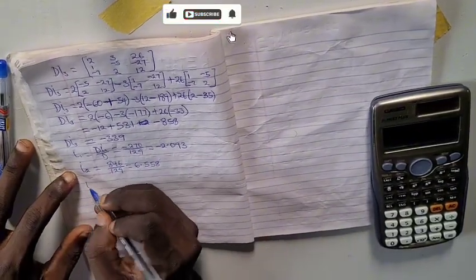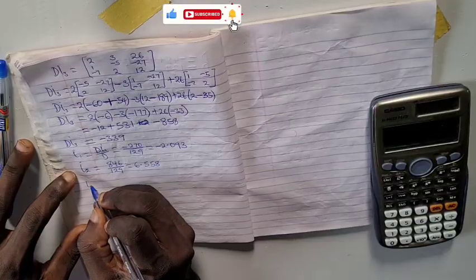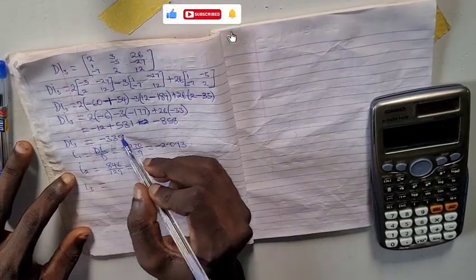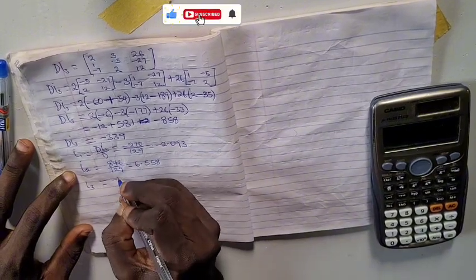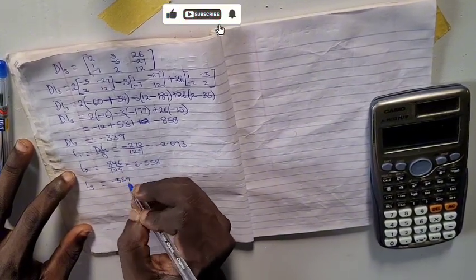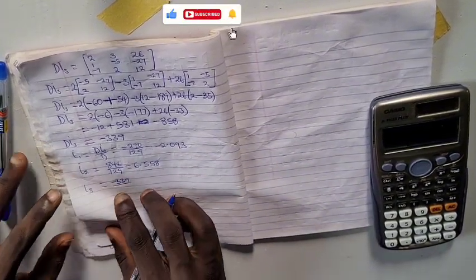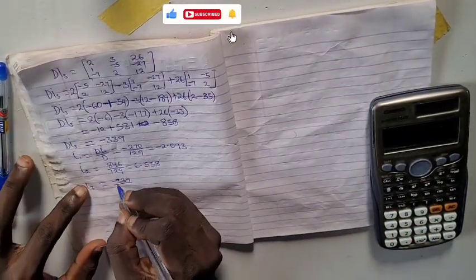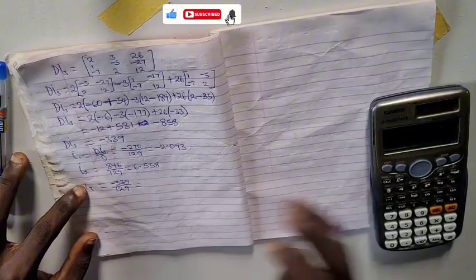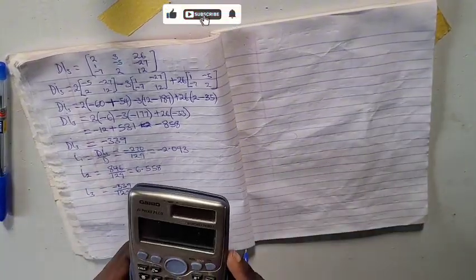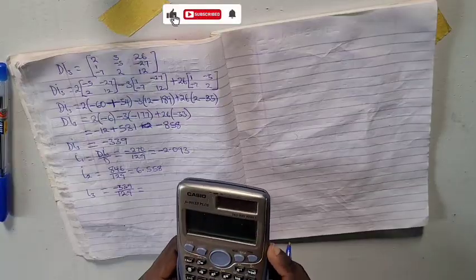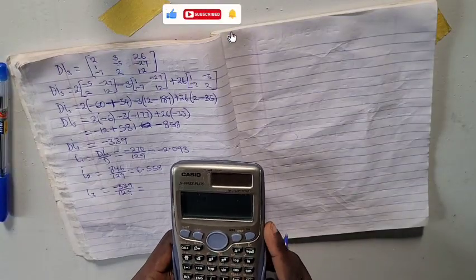So for I3 now will be the determinant of I3, which is minus 339, over the general determinant, which is the first 129. And that gives us minus 339 divided by 129.